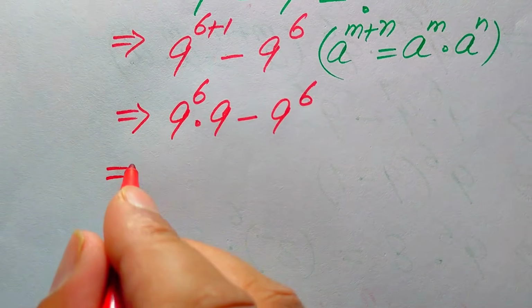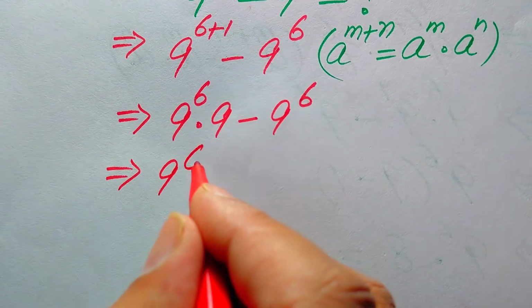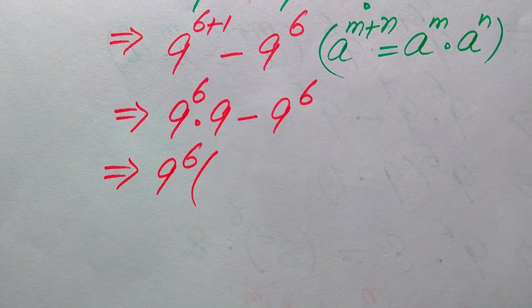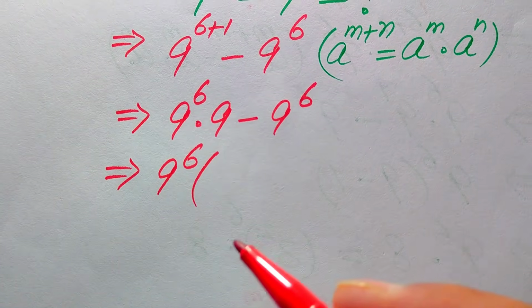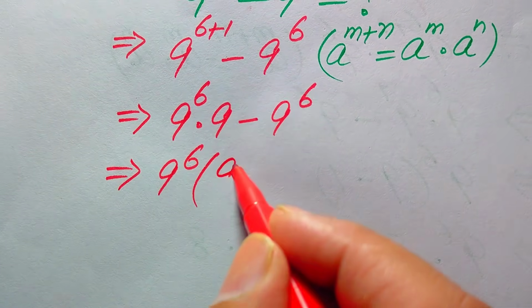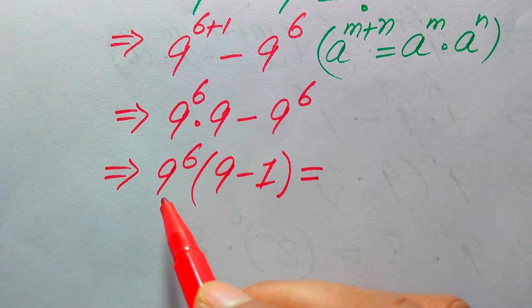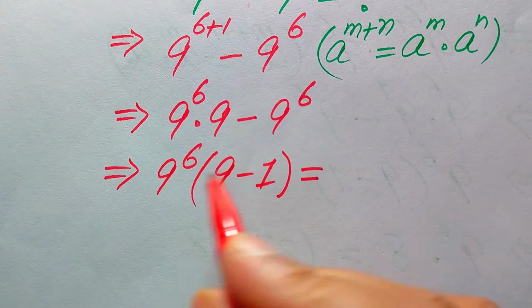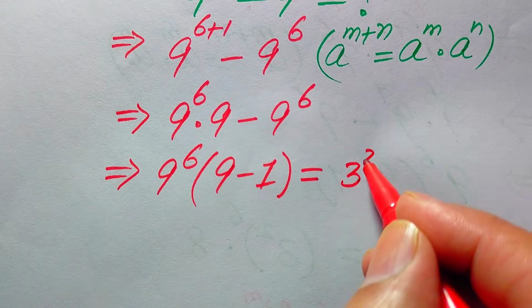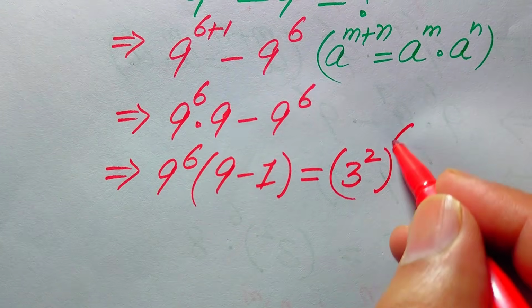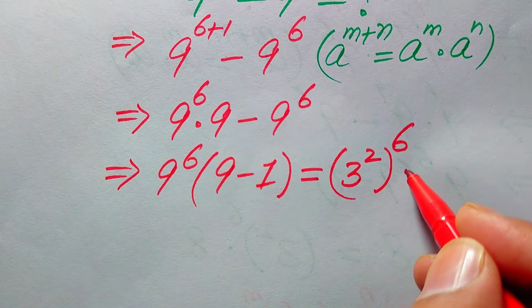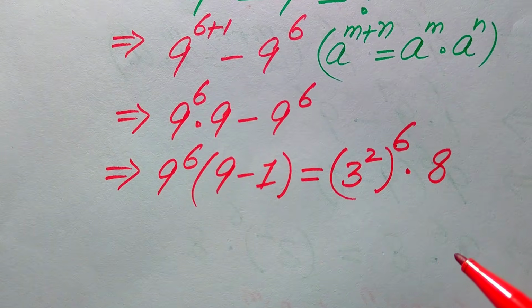You see here both of these two terms involve 9 to the power of 6, so we take common 9 to the power of 6 from here, and the remaining values are 9 minus 1. And further, you see this is 9 to the power of 6, and we write 9 as 3 squared and its whole power 6, and 9 minus 1 becomes 8.